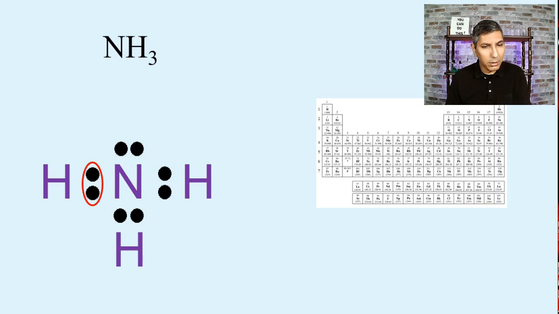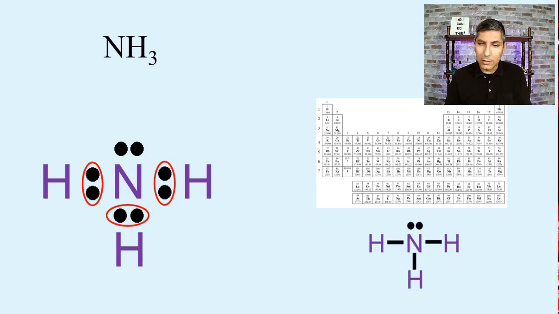There's a shared pair here, a shared pair here, and a shared pair here. So whenever we draw the finished Lewis electron dot diagram for ammonia, we're going to draw it like this, where we have 3 single bonds, and then that lone pair, that unshared pair, hanging out on that nitrogen atom. So this is the structure for ammonia.